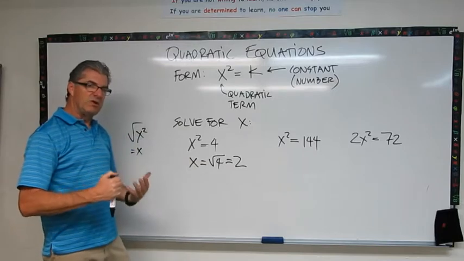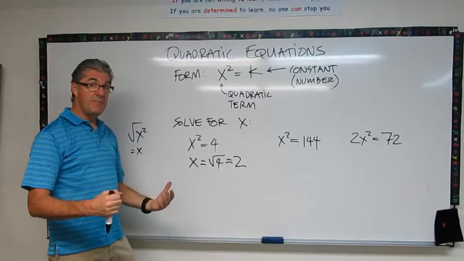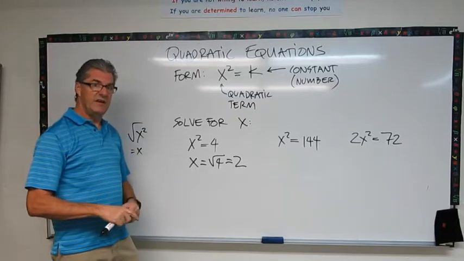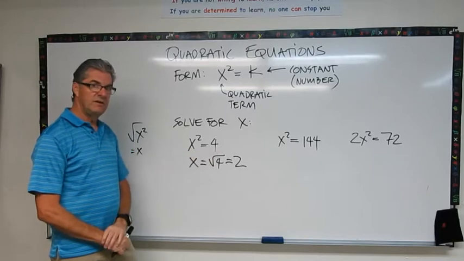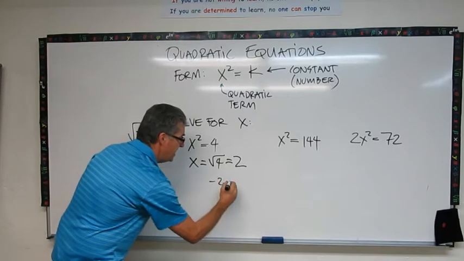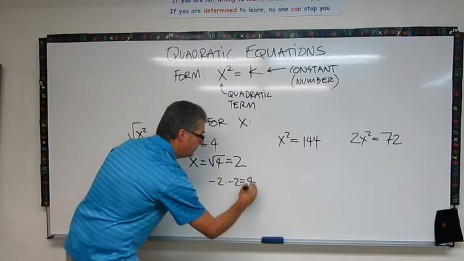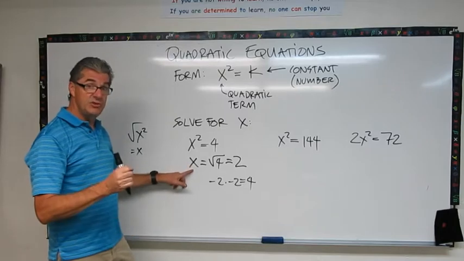Now I want you to think real hard. Are we done? If you came up with no, you're right. Now think about why there might be another answer to x squared equals 4. If you realized that negative 2 times negative 2 also equals positive 4, you were right. So this equation has two answers.